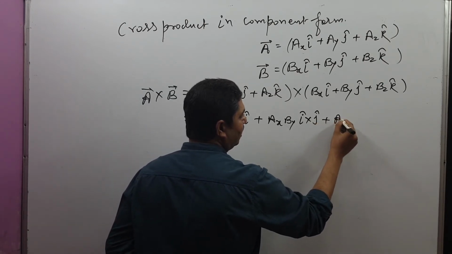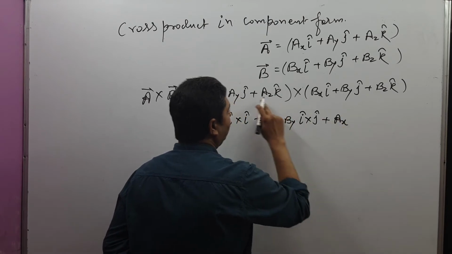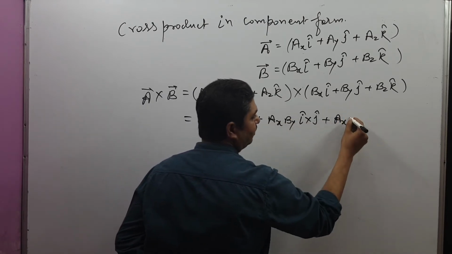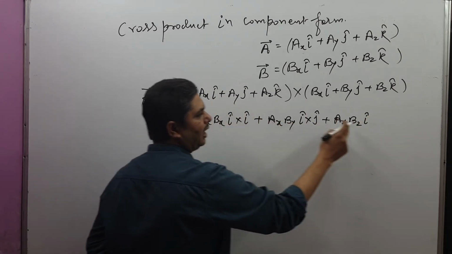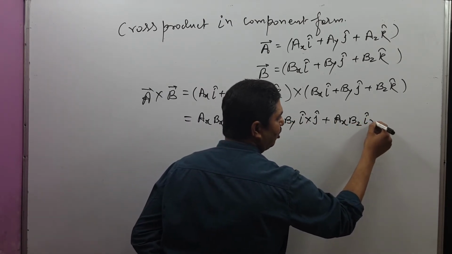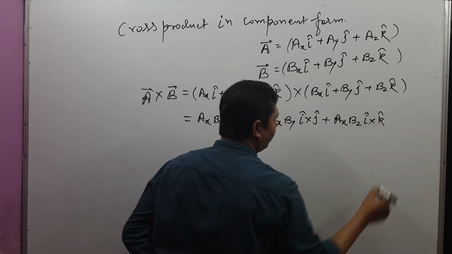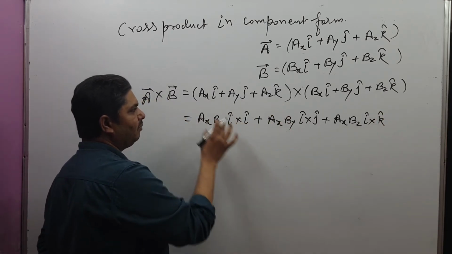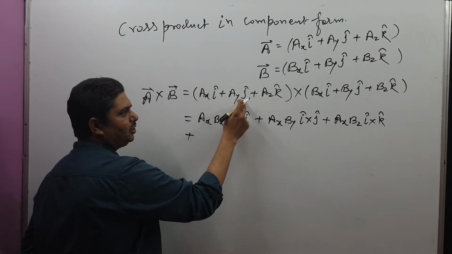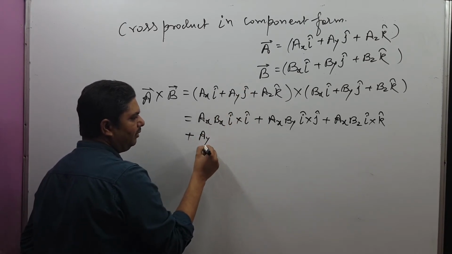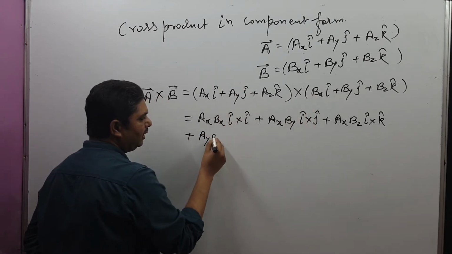Plus AX BZ. AX has i, so write here i cap cross k cap. So we have multiplied it by the first term, then multiply it by the second term AY j cap. So you write here AY BX.